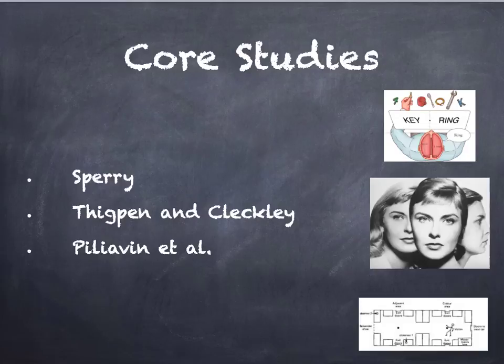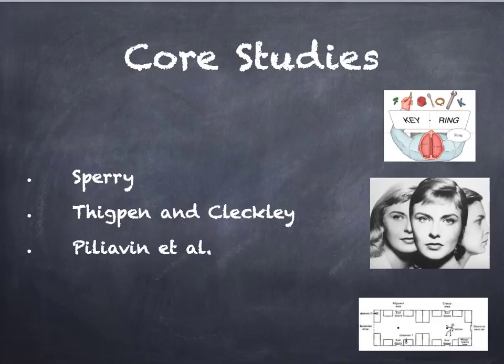Now your task for the next lesson is to take 3 of the course studies. So we have Sperry and his work with the participants who had the split brain, Thigpen and Cleckley and their work with Eve White, Eve Black and Jane, and Piliavin et al. and their work in the subway study and looking at helping behaviour.